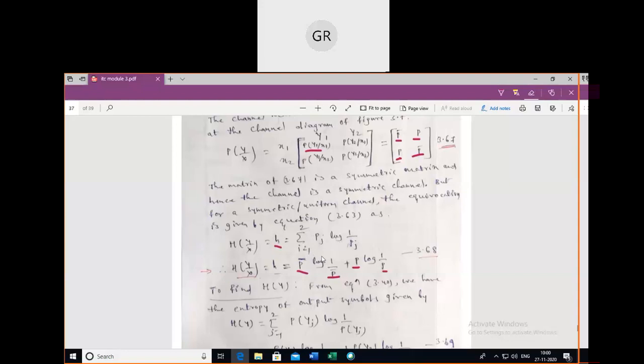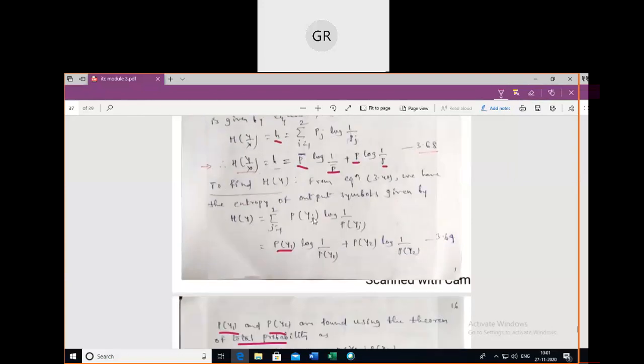That is P1 log of 1 divided by P1 plus P2 log of 1 divided by P2. Write the conditional probabilities: P bar log of 1 divided by P bar plus P log of 1 divided by P. That is H here.